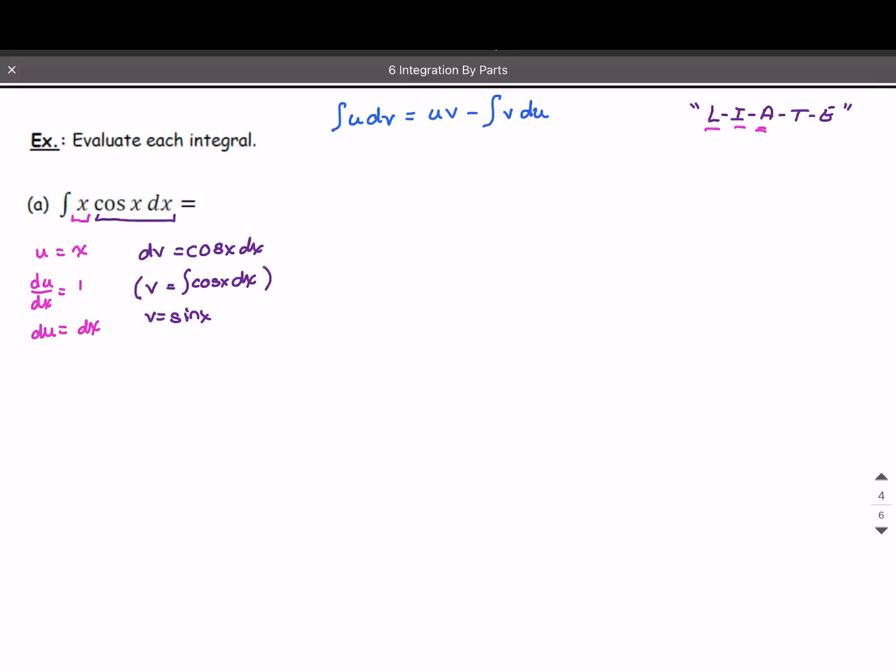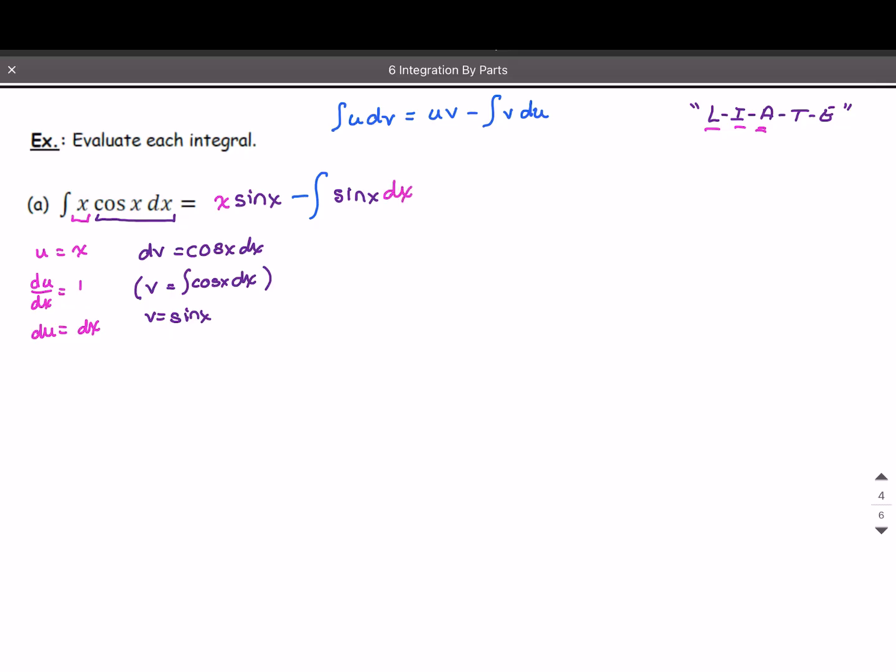All right, so now we use our rule. We say u, which is x, times v, which is sine x, minus the integral of our v, which is sine x, times du, which is just dx.